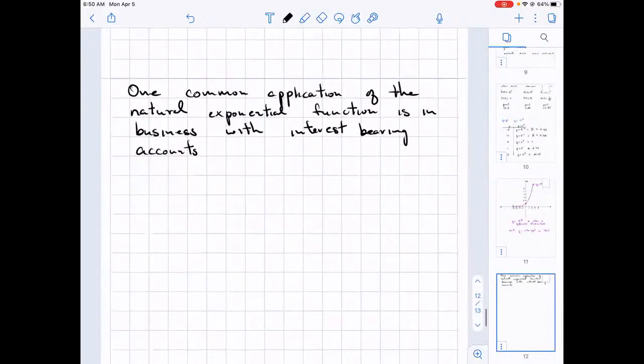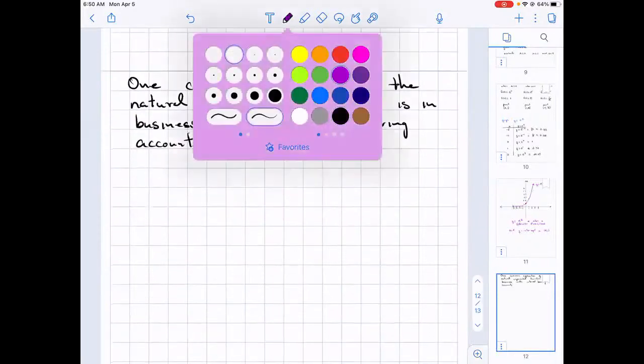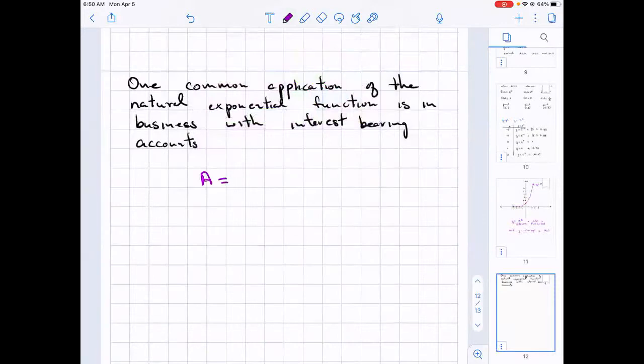And such a formula is A is equal to P, parentheses 1 plus r over n, raised to the n times t power.